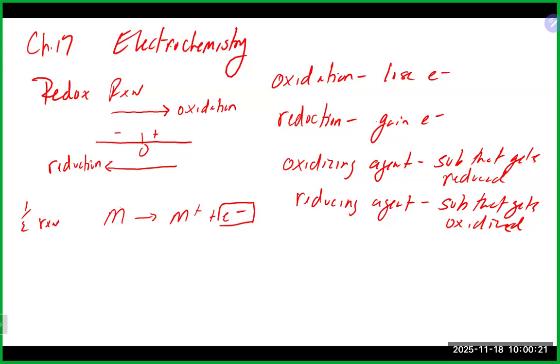And if we see an electron on the product side, that usually indicates this is an oxidation half reaction, as electrons are being given off, as opposed to if we see electrons on the other side, here we are seeing electrons on that side, and that is a reactant. And that usually indicates that that is the reduction half reaction that is occurring here.